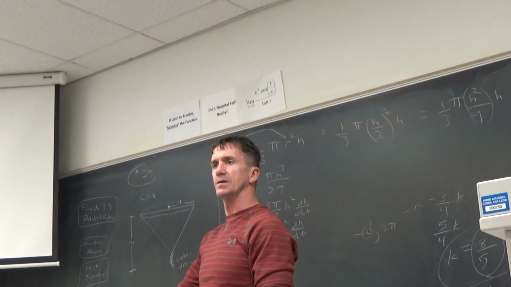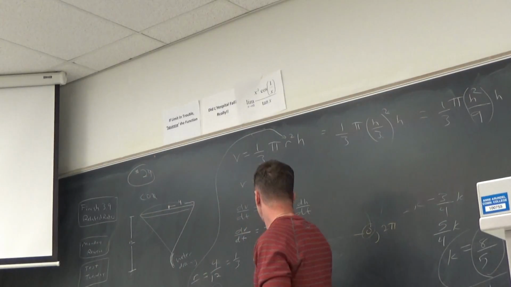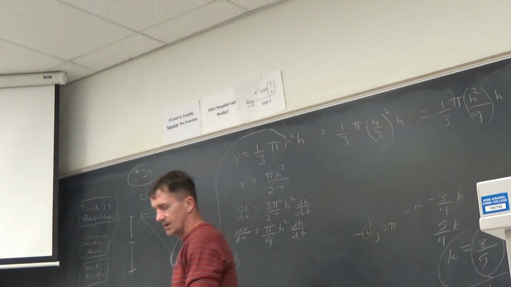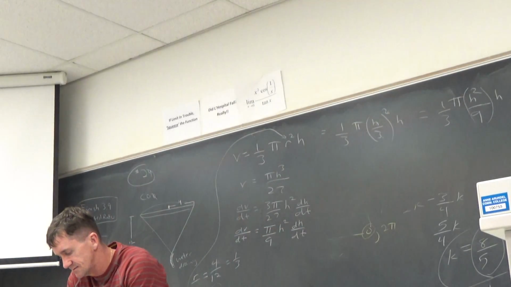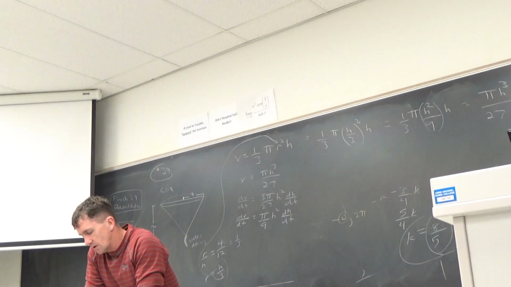All right, we're going to plug stuff in. Usually at this point, they said this is 20, this is 10, right? At this moment, let's see what they got. So we go to this problem and they said this: the depth h in feet of the water in a conical tank is changing at the rate of h minus 12 feet per minute.